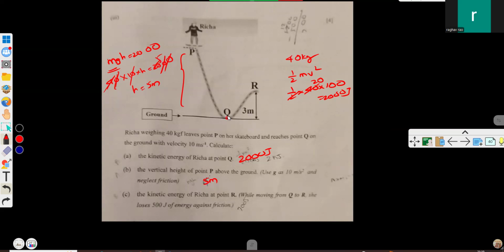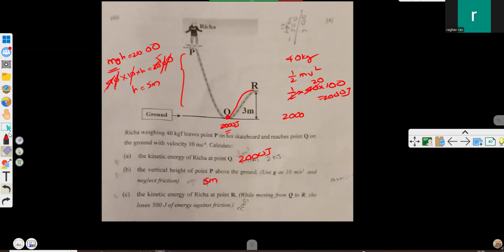Now, at this point, she has 2000 joules energy. Now, as she is moving to R, she is gaining some potential energy. That means she loses some kinetic energy. So 2000 joules is equals to 2000 minus how much potential energy is gained.